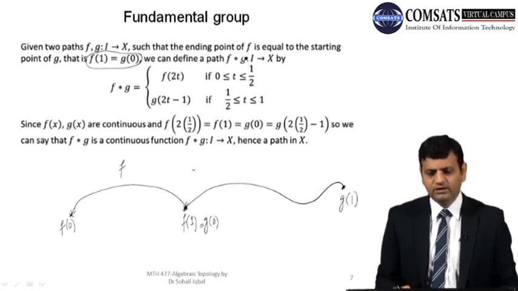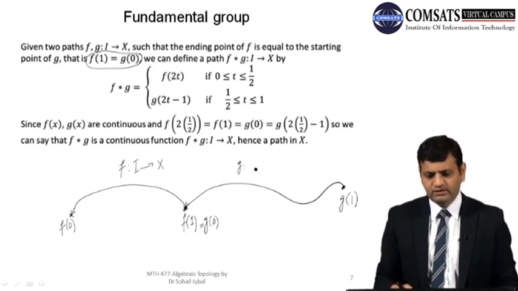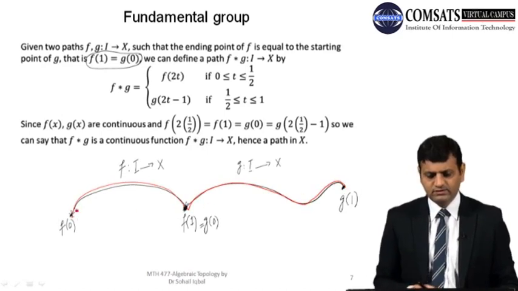Normally we take a path f to be a function from I to space X, and similarly g is a function from I to space X. Now if this condition is satisfied, that f(1) = g(0), then I can consider this whole path as one path. So I can consider this red line as my new path.